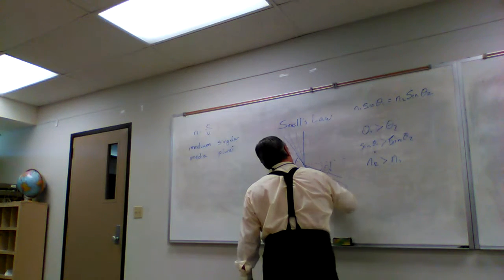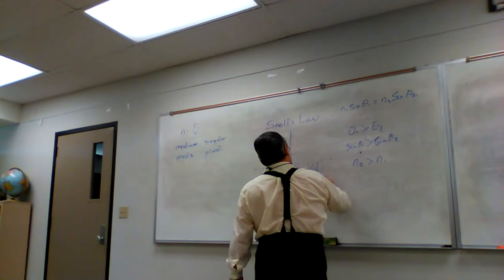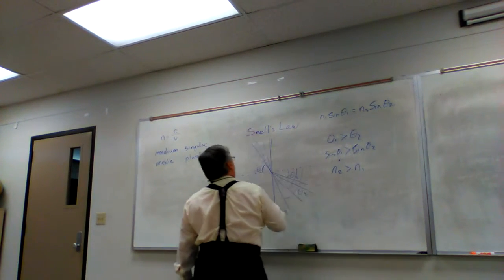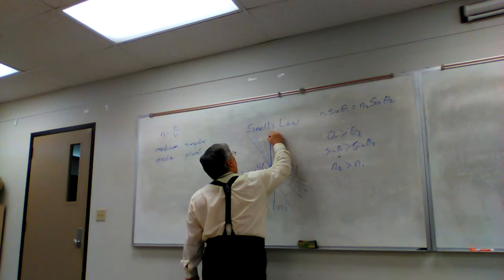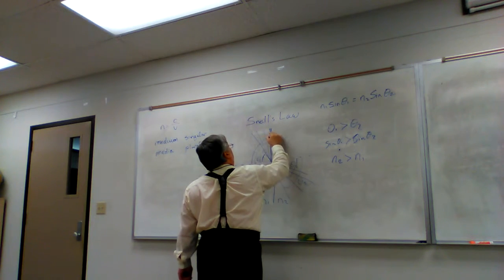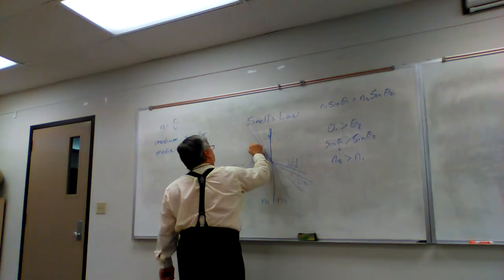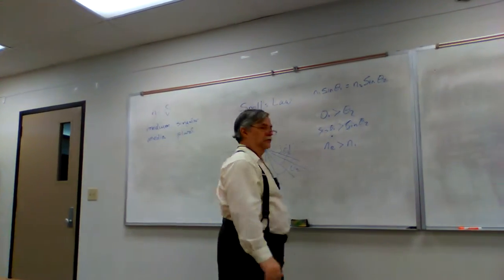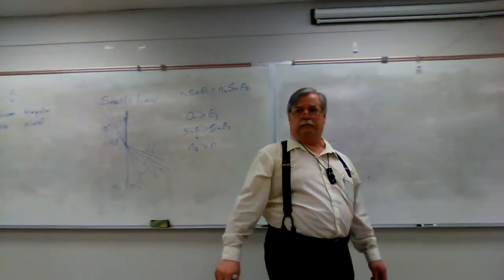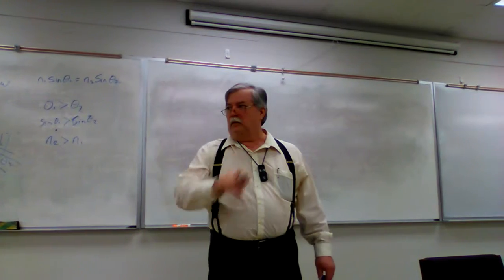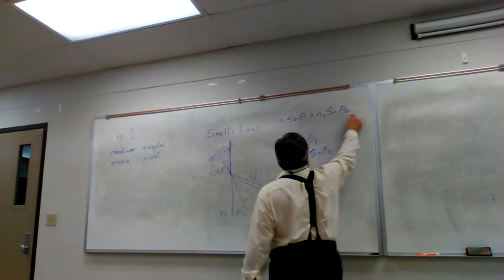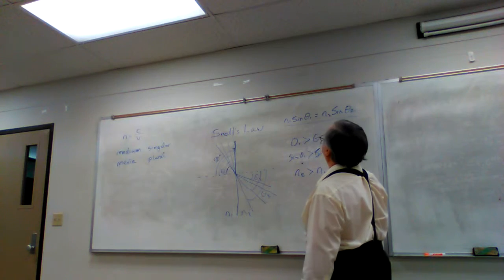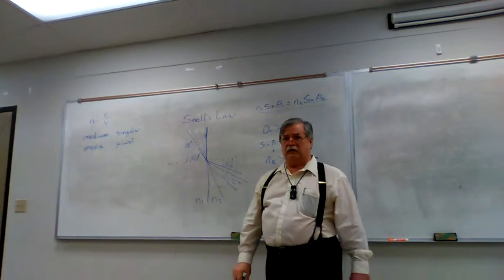And at some point, this theta is going to be so great that this one gets all the way to 90 degrees, parallel to the surface, to the interface between them. What does that mean about Snell's law when theta becomes 90 degrees?